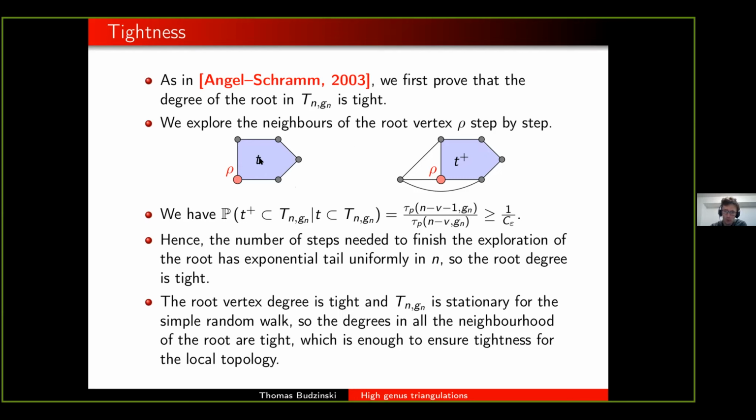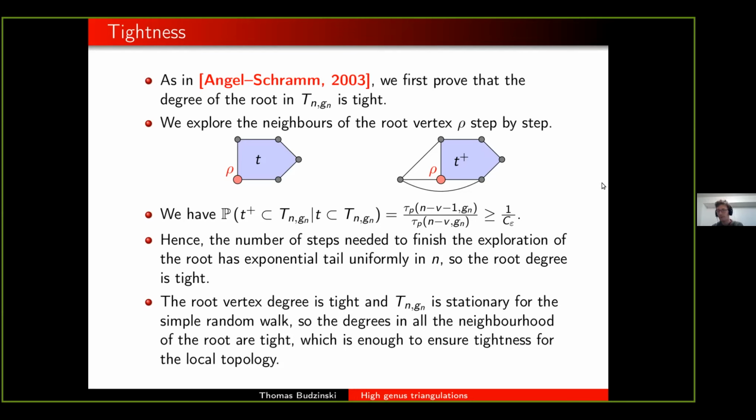So I'm going to go from the little piece t on the left to the little piece t plus on the right, which means that in a few exploration steps, I'm going to completely close the vertex rho and complete the exploration of the neighborhood of the root.